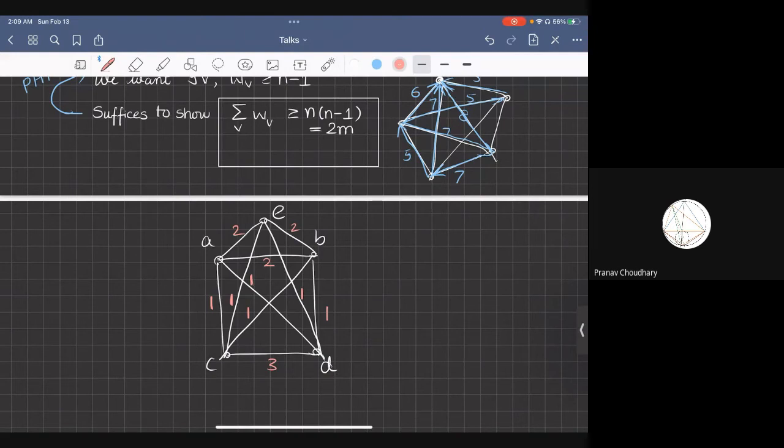Basically, I've made any edge joining C and any of A, B, E to be 1, and D and any of A, B, E to be 1, and then I've made AB, BE, AE to be 2, and CD to be 3. So the maximum ending at C looks like A, E, E, B, B, A, A, C, or something of that sort.